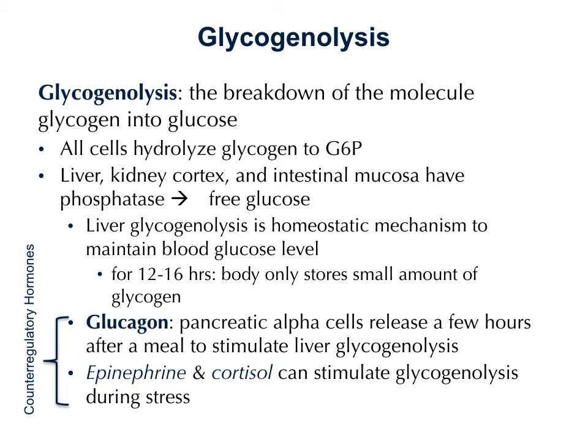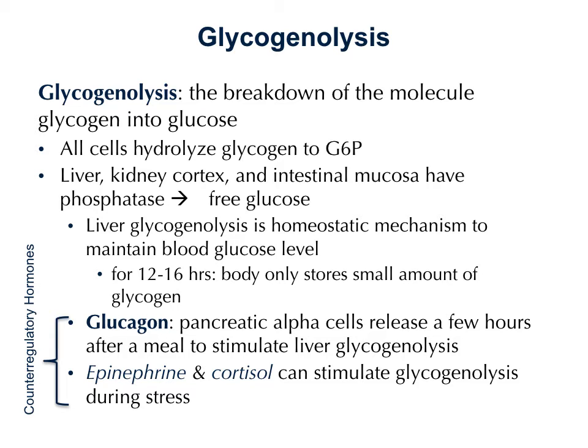But when we're in the non-fed state, hours later, after we've not eaten for a while, let's say you had breakfast at 8 o'clock in the morning and you skip your lunch and it's 1 o'clock in the afternoon, what's going to happen? You're going to start breaking down your glycogen to get glucose.